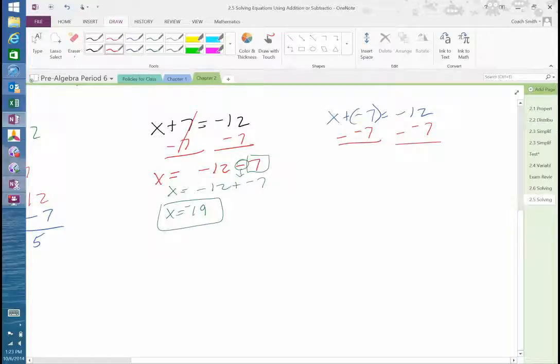These two cancel, because I'm doing the inverse operation. It gives me x is equal to negative 12 minus negative 7. Change that to addition, do the opposite of that, which is 7. So x is equal to negative 12 plus 7. What is negative 12 plus 7? Negative 5.